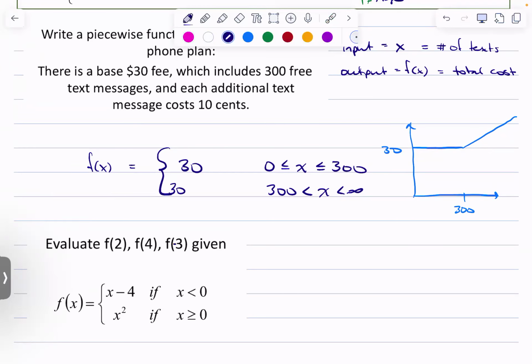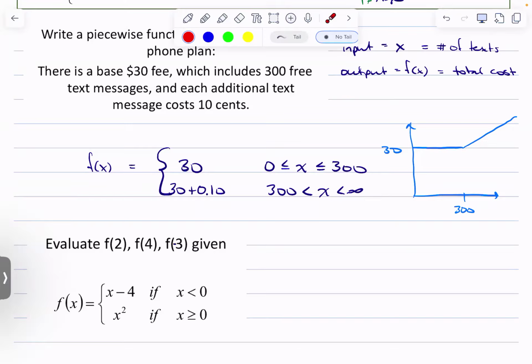And then I build up by 10 cents per message. But you want to be careful. It's not just times x, because that could be confusing, right? Because if x is 200, then you're not past that, but then you're still multiplying, and it kind of makes a mess, right?